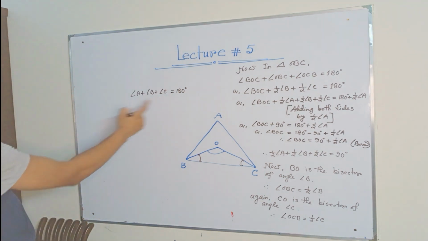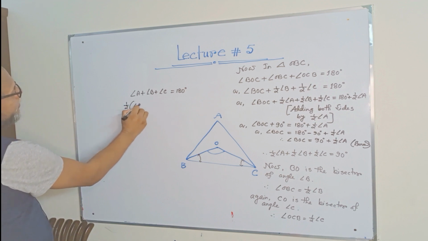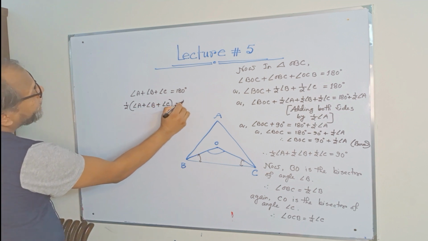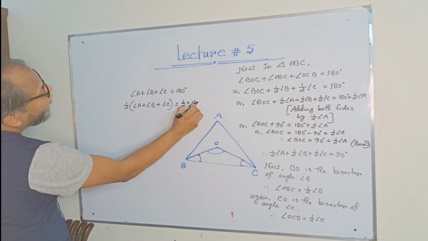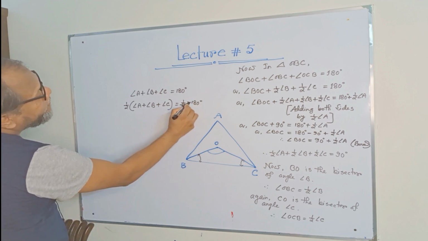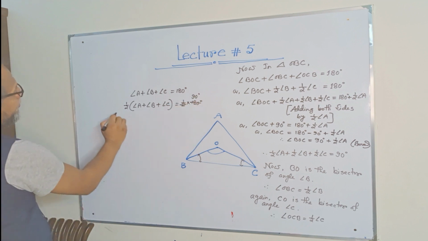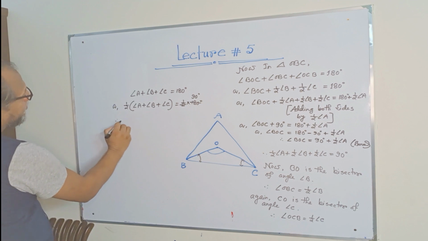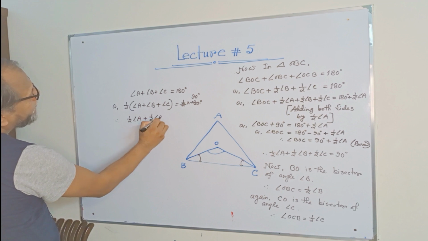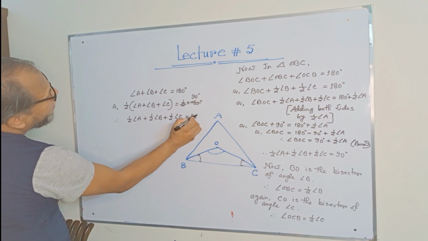If we multiply both sides by half, we can write like this: half into A plus B plus C is equal to half into 180 degree. And dividing 180 by 2, it is 90 degree. So we can write down half A plus half B plus half of C is equal to 90 degree.